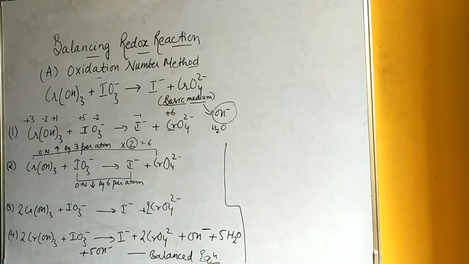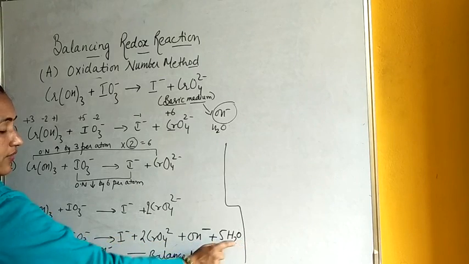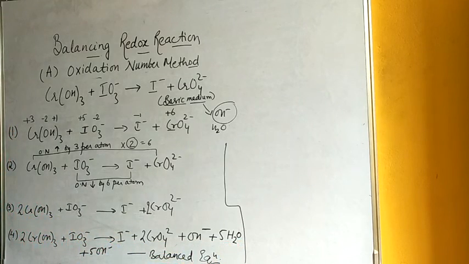And oxygen will also be balanced here. 3 twos are 6 plus 3, 9, 9 plus 5, 14. 4 twos are 8, 9, and this 5, it is getting 14. So this is the balanced equation.